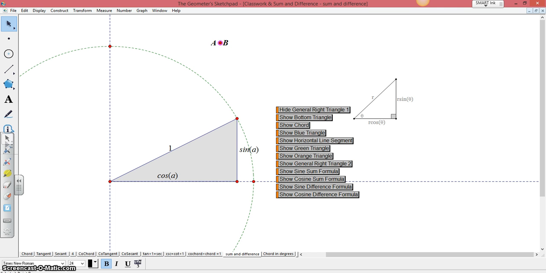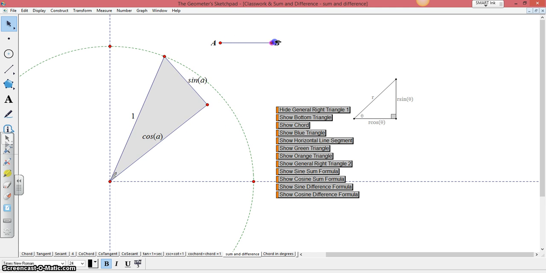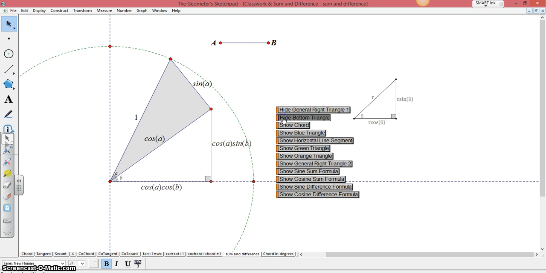Now we will move the triangle so that we can then show another triangle with angle beta that is also a right triangle. This triangle has hypotenuse cosine alpha, as seen here.